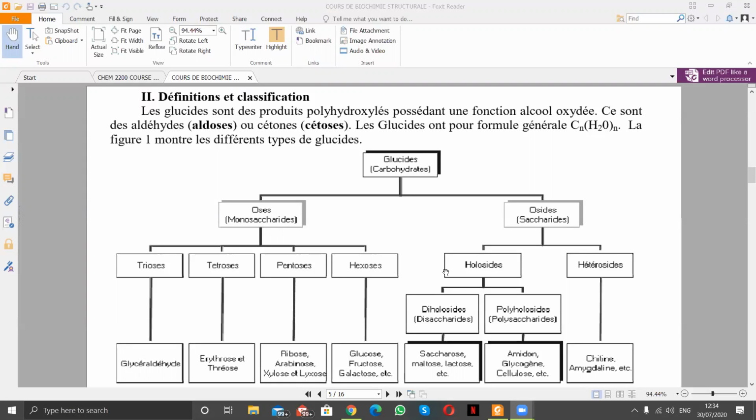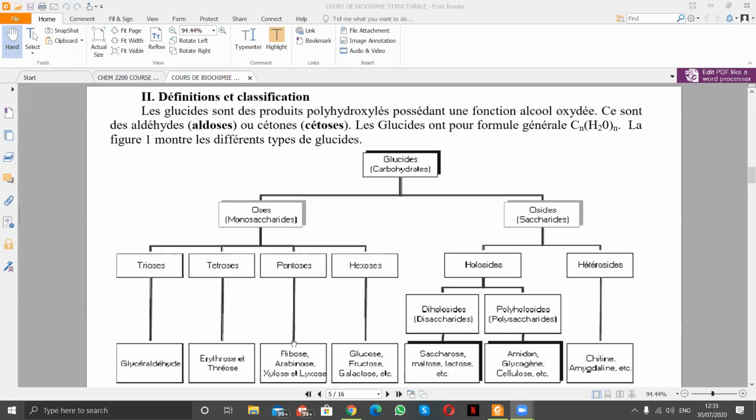Then I'll give you certain examples of monosaccharides, which you need to know by heart. Glucose, fructose. These are examples of monosaccharides. These are very important. You need to know these. Glucose, fructose, you need to know them.